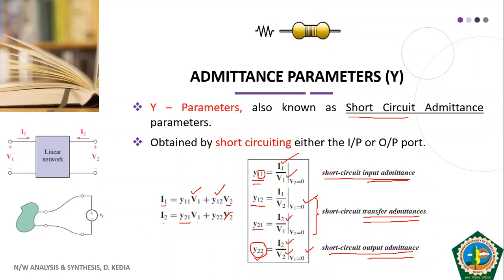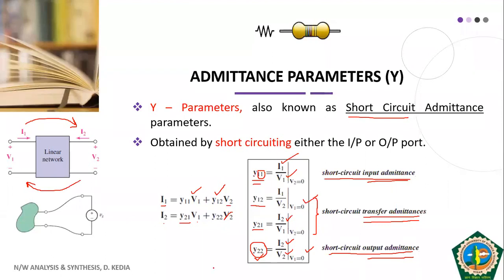So we have in a way three types of admittance parameters: one is input parameter, another is output parameter, and the third one is transfer parameters. Transfers have two cases, from 1 to 2 and from 2 to 1. So this is all about our admittance parameters.